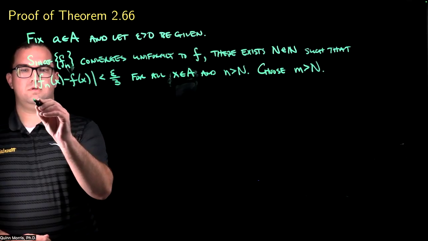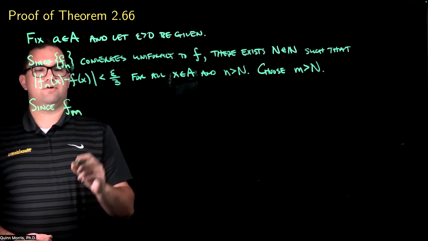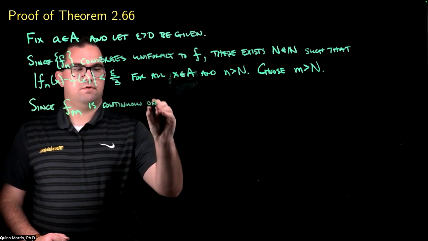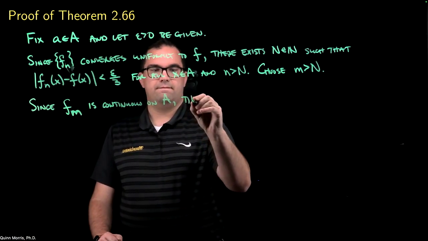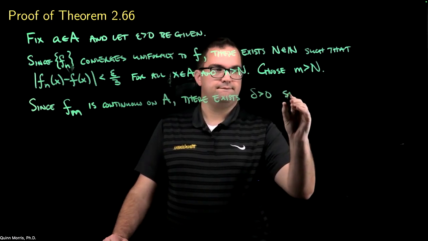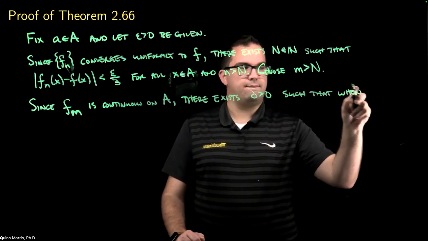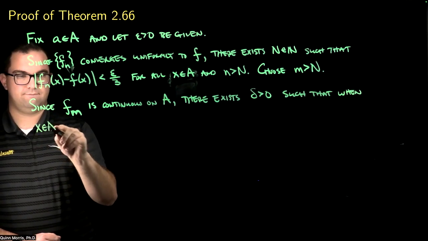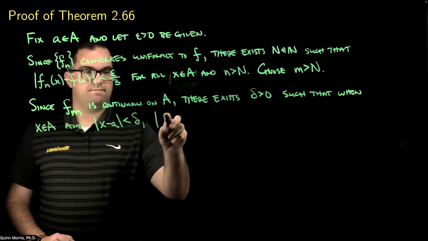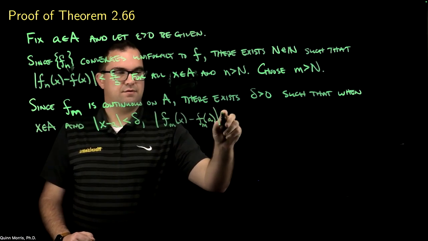So now, since f sub m is continuous on A, and now I'm looking at the specific function f sub m, there exists a delta greater than 0 such that when x is in A and the absolute value of x minus a is less than delta, f sub m of x minus f sub m of a can be made as small as I'd like.